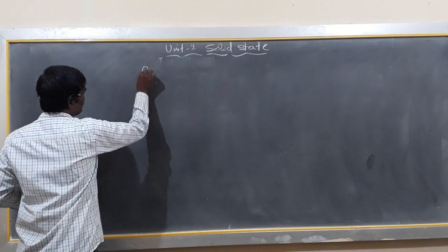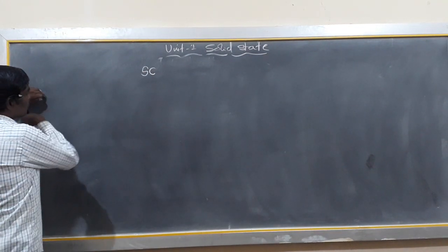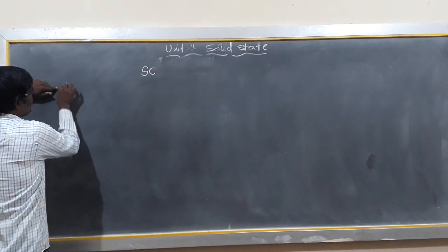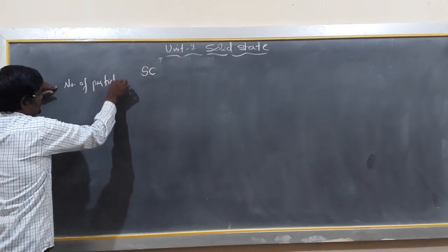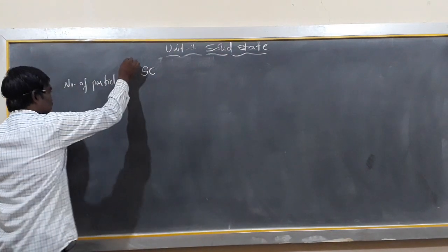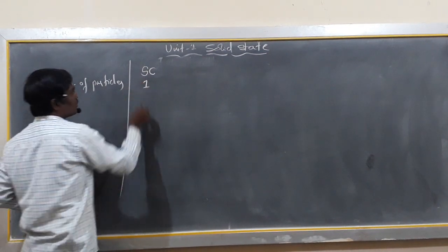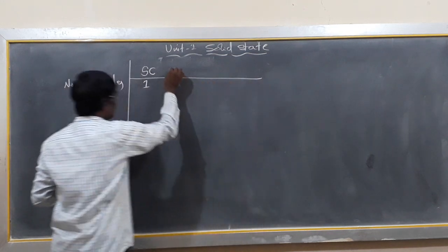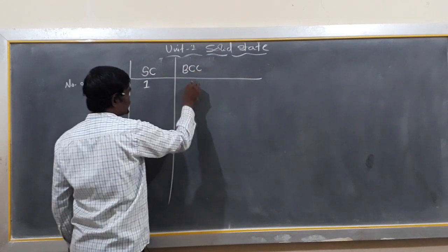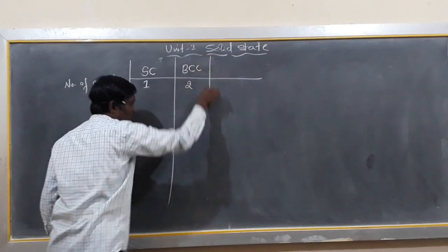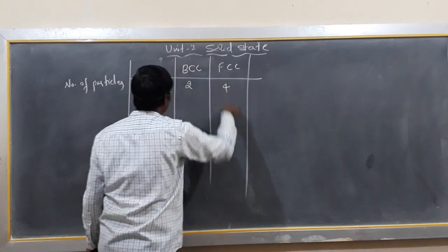For example, the total number of particles present in an SCC unit cell is 1. Similarly, in a BCC, body centered cubic unit cell, the total number of particles is 2. And in face centered cubic, the total number of particles is 4.